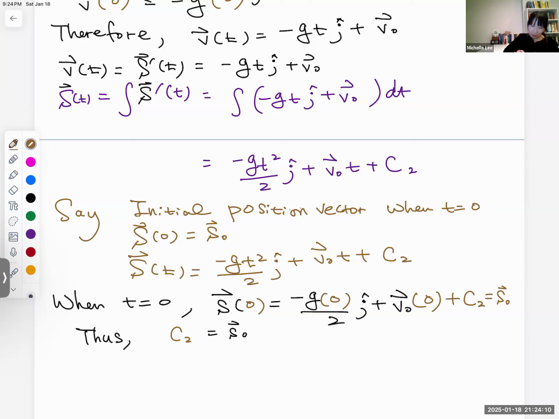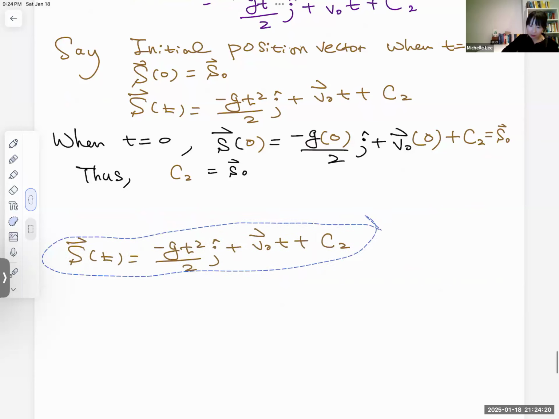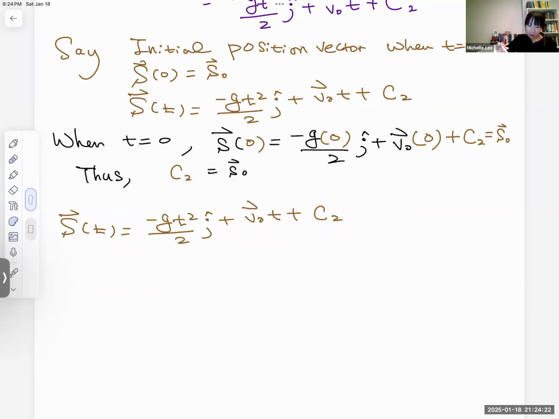Okay, S of T. Compute that. Then C sub 2 will be S naught.